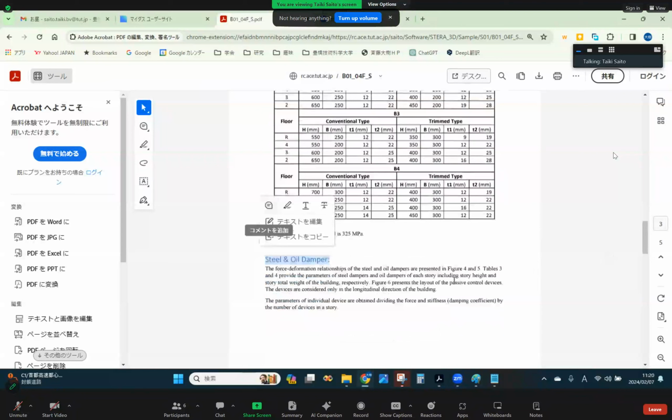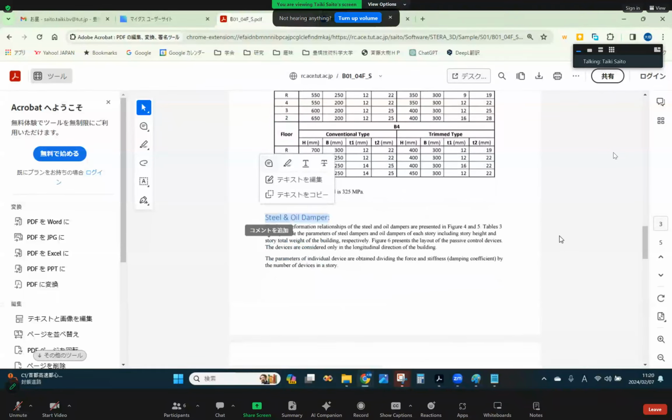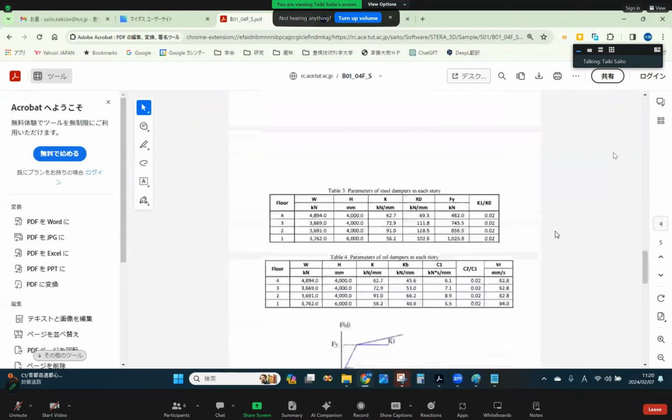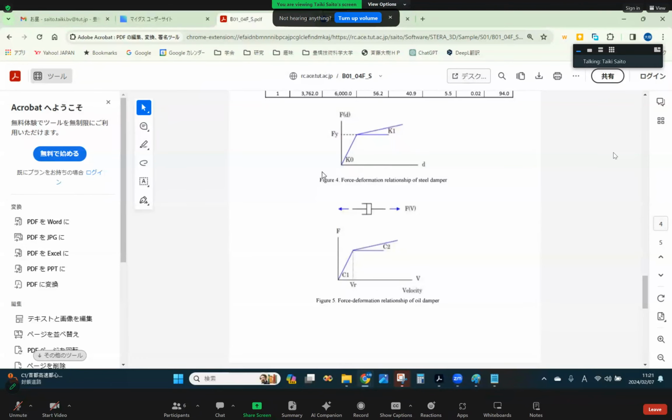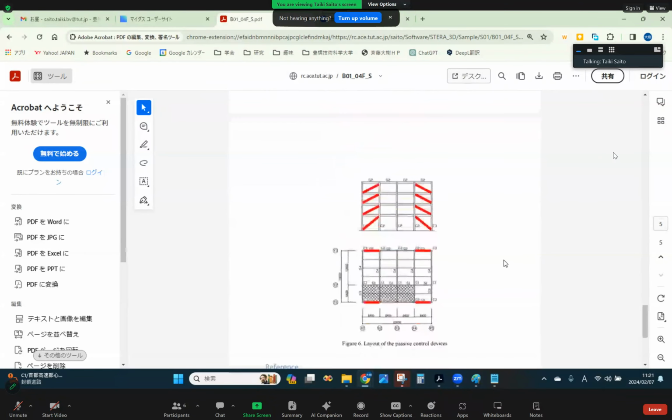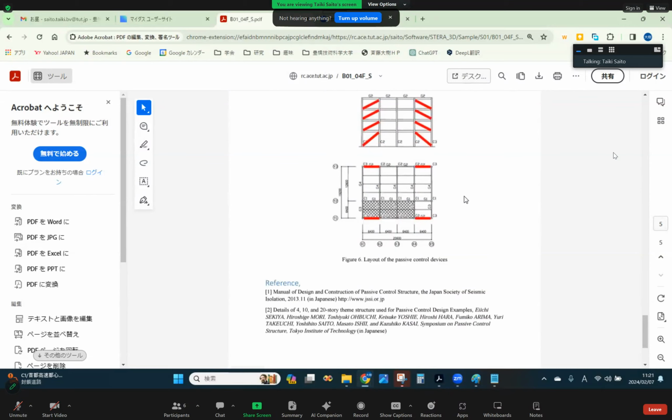It is designed based on the performance curve you explained today. Finally they decide the parameters of the steel damper and of the oil damper. I put the steel damper hysteresis, and for the oil damper the horizontal axis is velocity. And this is the location of the dampers.